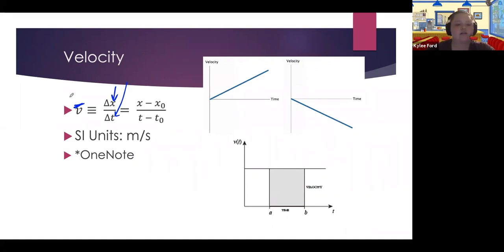Our velocity, v bar, equals our delta x over delta t, which we can also say is our x minus x naught. Remember, this would be our final position and this would be our initial position, divided by our t final minus our t initial.